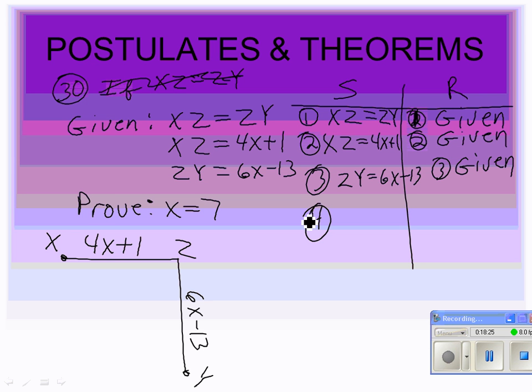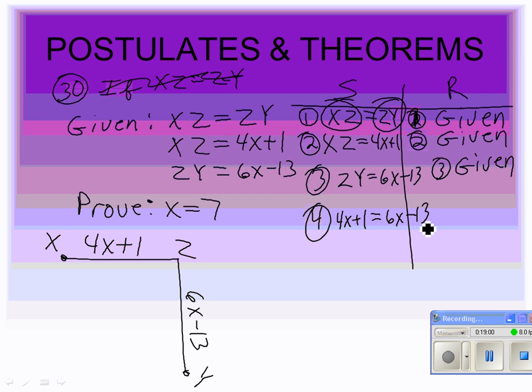If I know this equals this, XZ equals that, ZY equals that, what equation can I set up? The whole thing. So tell me how to write it. XZ plus ZY. Okay. Look at what I have here. I'm going to take out this XZ. What can I put in its place? 4x plus 1. I'm going to take out this ZY. What can I put in its place? 6x minus 13.